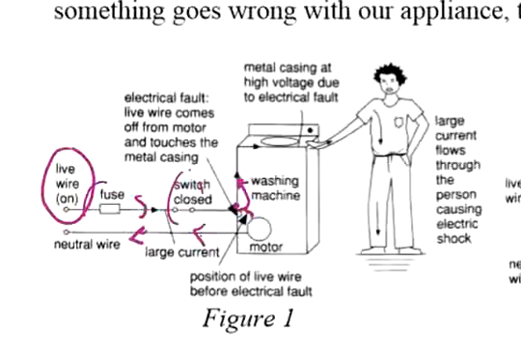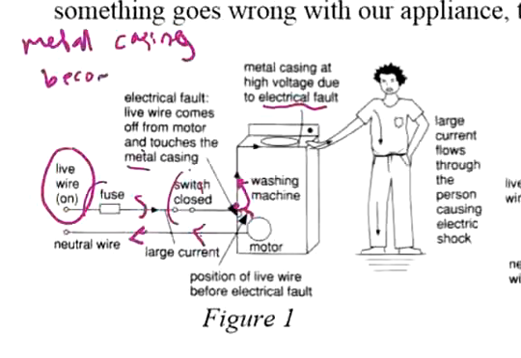So the metal casing is at high voltage due to an electrical fault: the live wire comes off the motor and touches the metal casing. Normally they use this term. So the metal casing becomes live, meaning it has current.